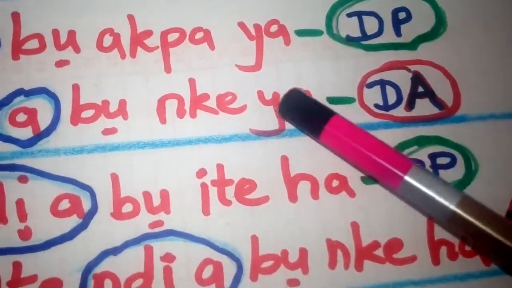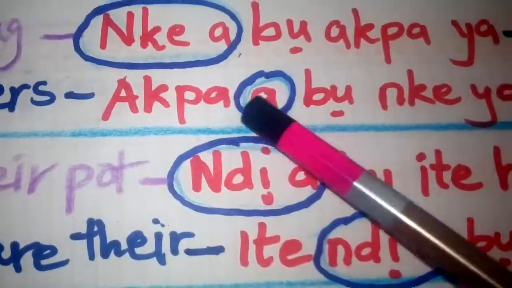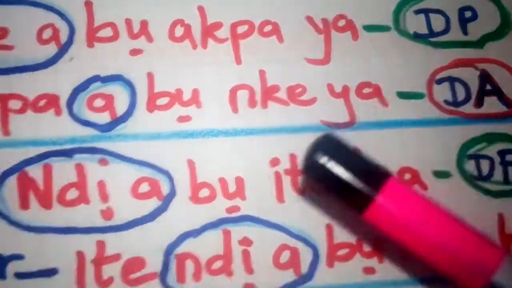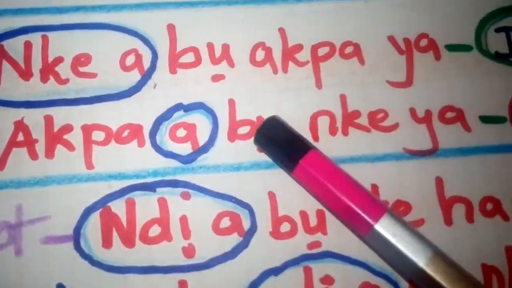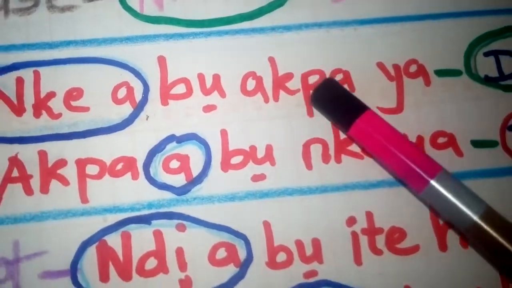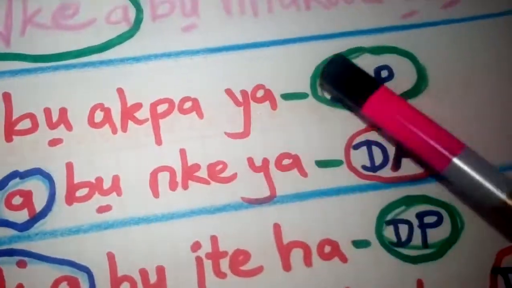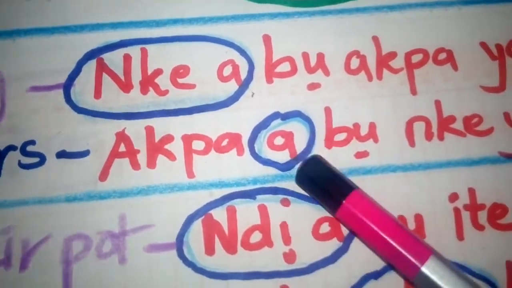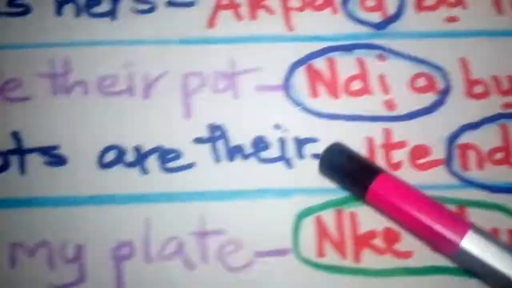So it came after the noun in the sentence, so it's a demonstrative adjective. That's how to know. When you see it before the noun, know that it's a demonstrative pronoun. When you see it after the noun, it's a demonstrative adjective.